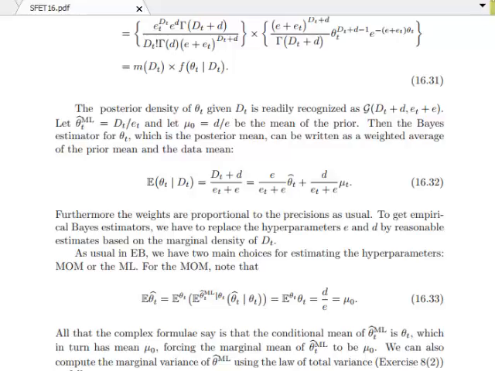Mu naught is d over e. This is the prior mean. D and e are the hyperparameters of the common distribution. So now we are going to shrink this ml towards the common prior. First, we are going to get the common mean of all the defects.